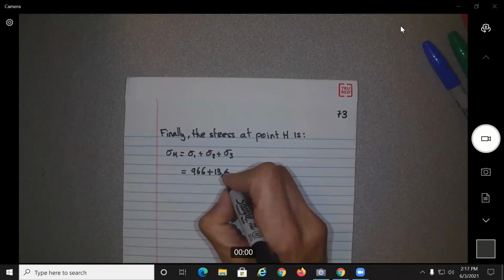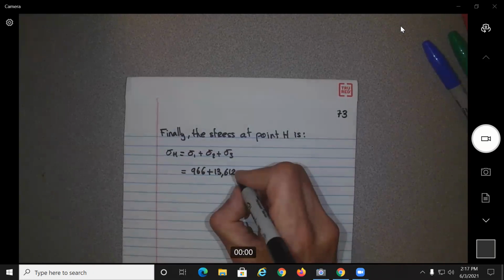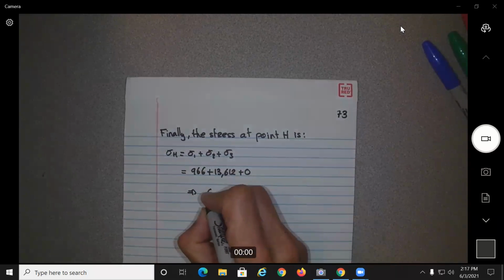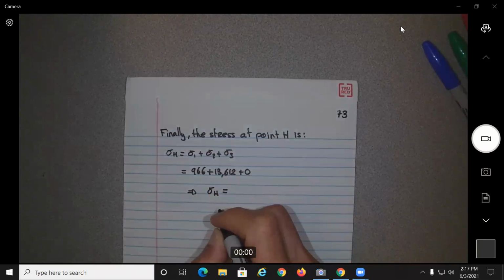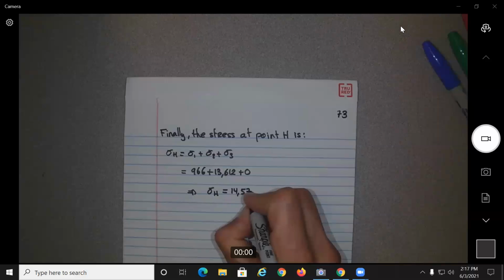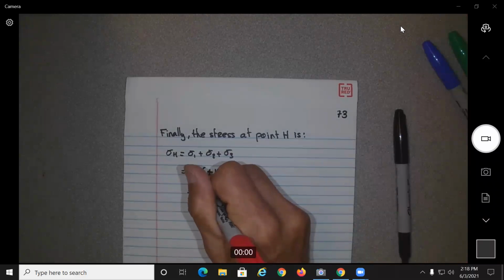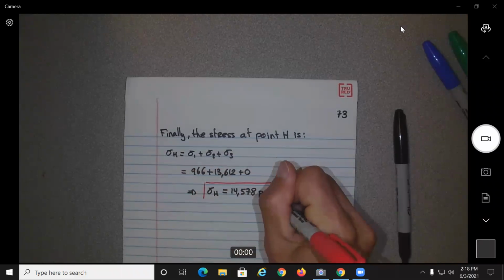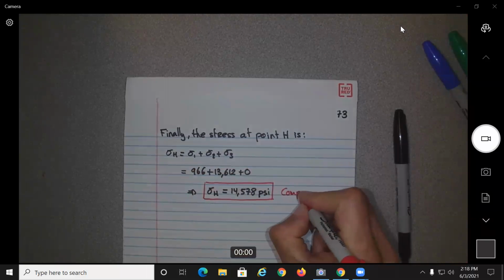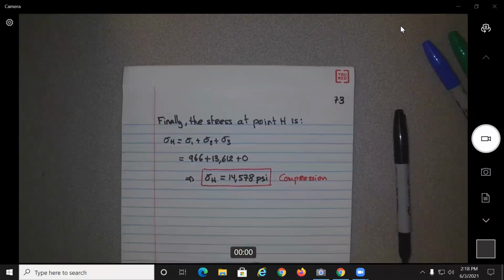Here, be careful because both of these are in compression, no? So we can add them together, plus 0. So this is going to give us that sigma H is equal to 14,578 psi in compression.